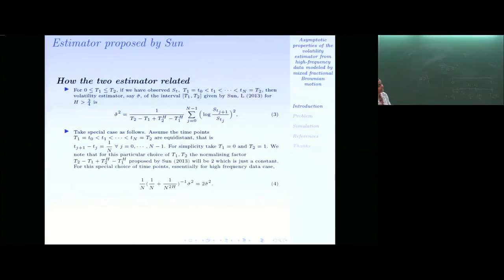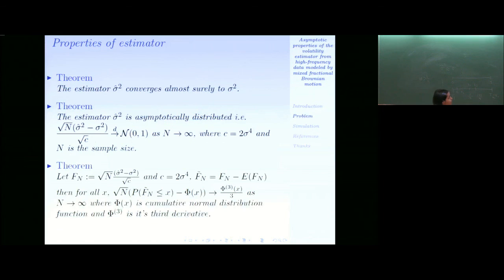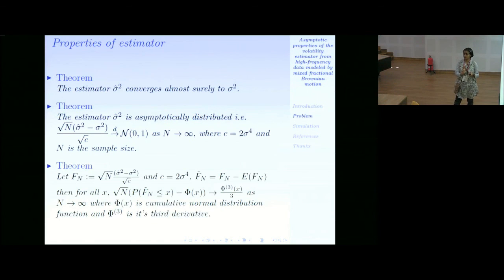That normalizing factor is popping up in our estimator. For H greater than 3/4, this normalizing factor is approximately equal to 1 in the long run, so it is not exact in their case. So what are the properties we are going to show and have proved?